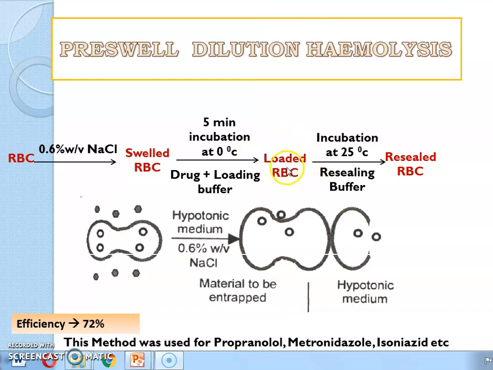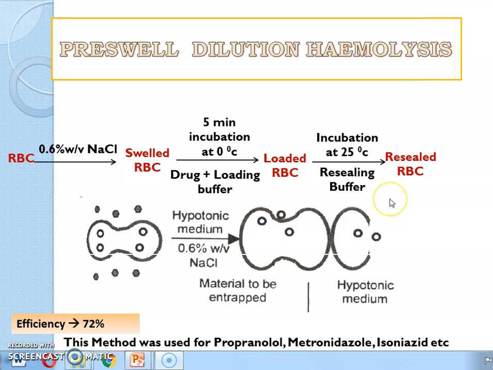Then these loaded RBCs are incubated at 25 degrees Celsius and placed into the resealing buffer, where the swelled RBCs are resealed to form drug loaded RBCs. Then they are washed and stored at a particular temperature.